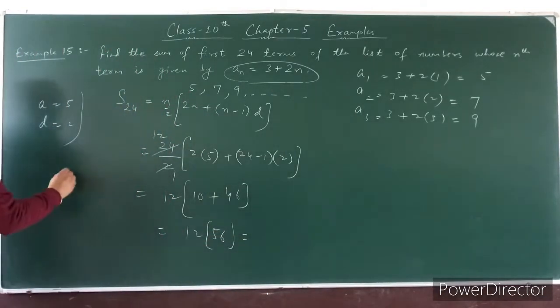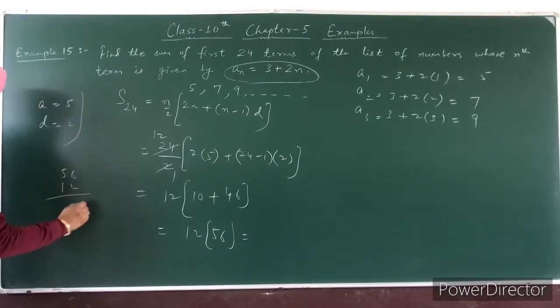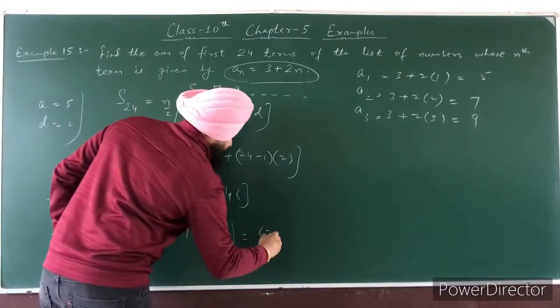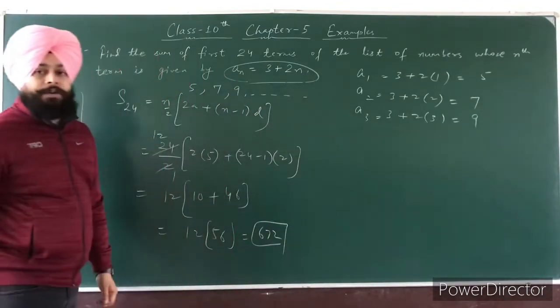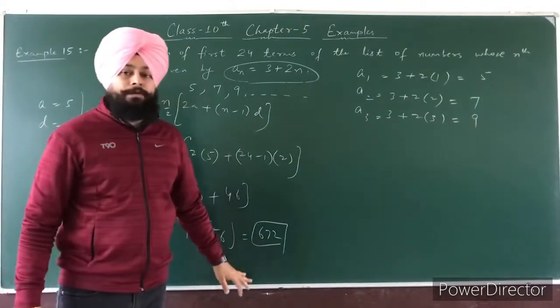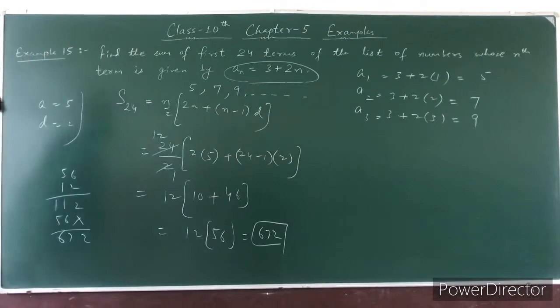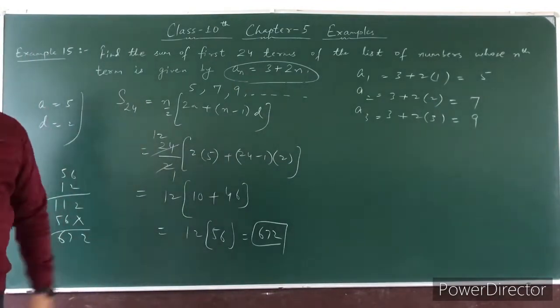It is equal to 672. So 672 is the sum of first 24 terms in this series. Clear, students? So this is your example number 15.